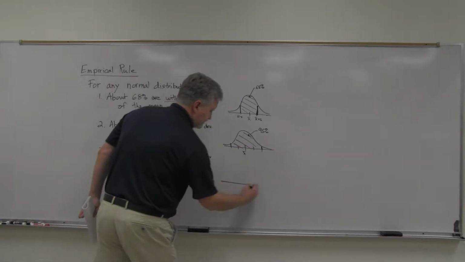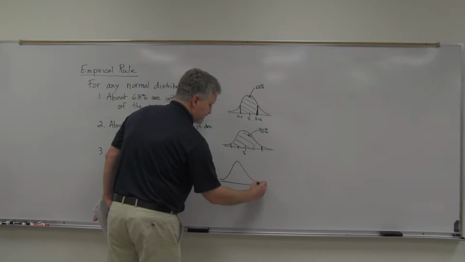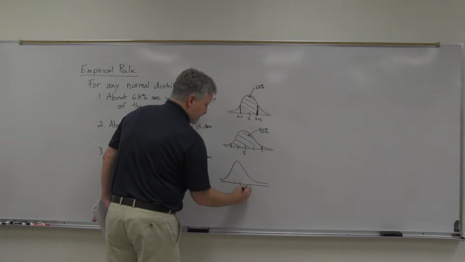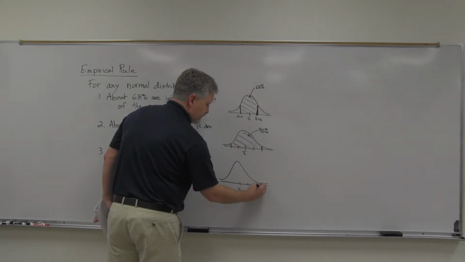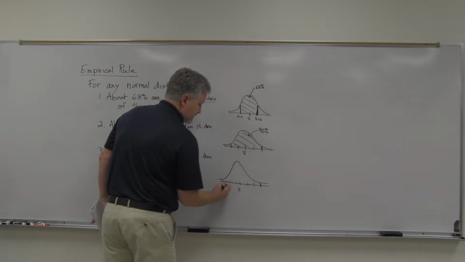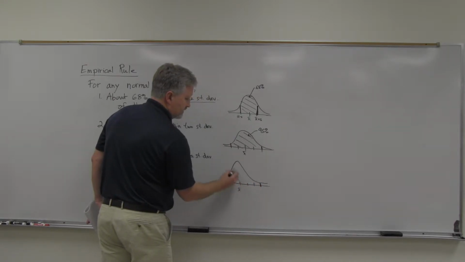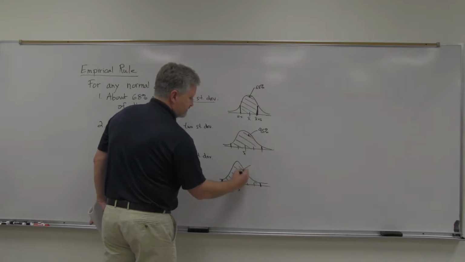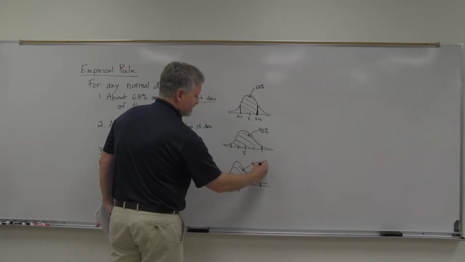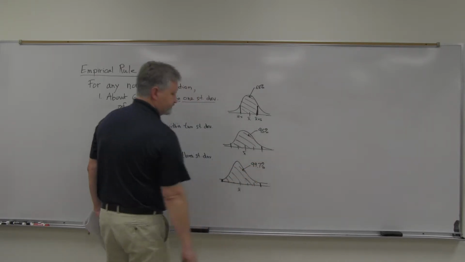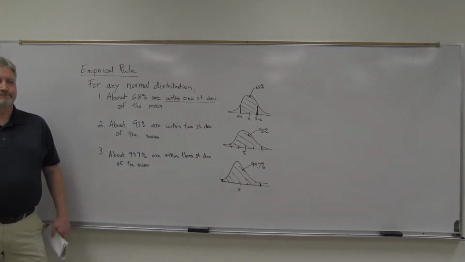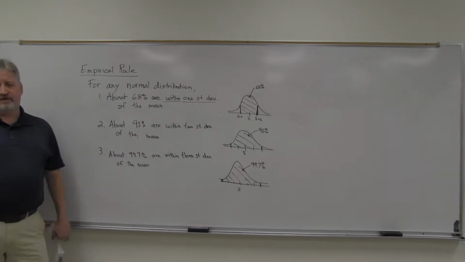So let me make a diagram here. If I go 1 standard deviation, 2, 3 standard deviations out, and then 1, 2, 3 back, in between this one and this one, you've got all but 0.3% of them, right in there. Okay? So that's the percentages we'd like you to know for these empirical rules.